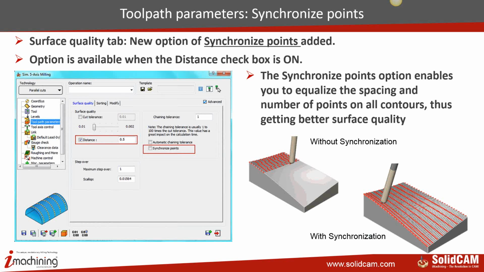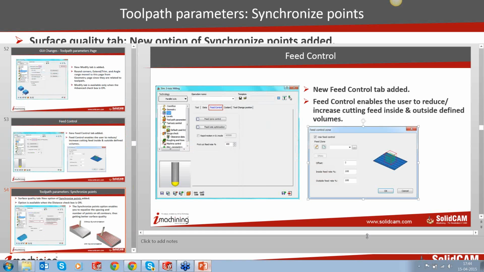What is the benefit of this? You get a much better surface quality when you're cutting complex surfaces, because the toolpath point distribution on the surface is uniform all throughout the surface. So you get a much better surface quality than what you were getting before.